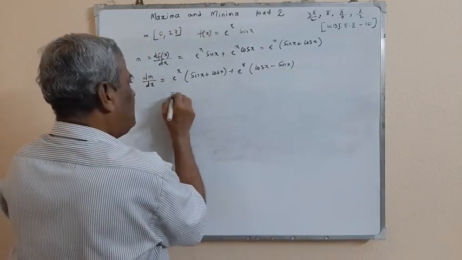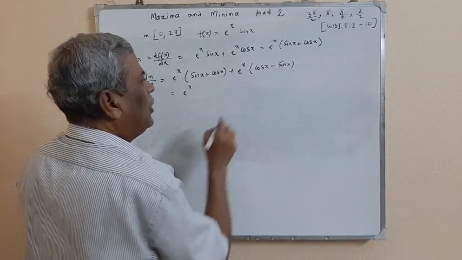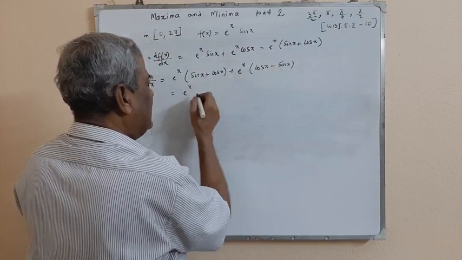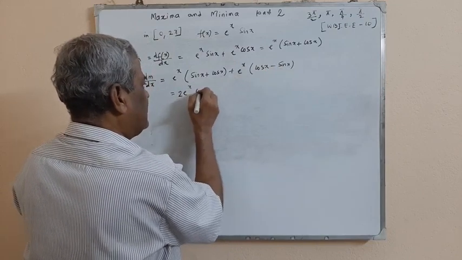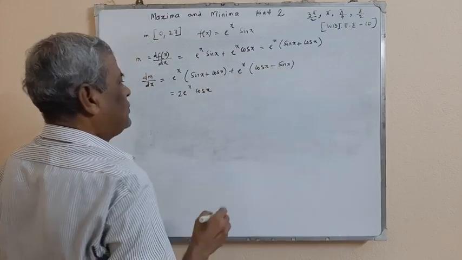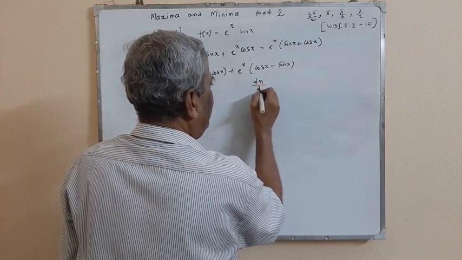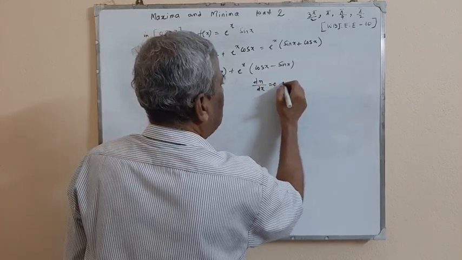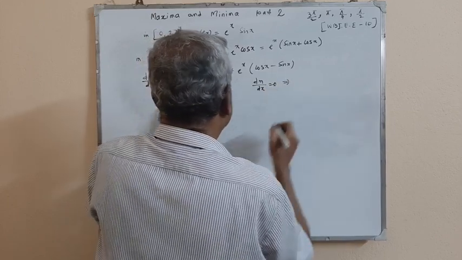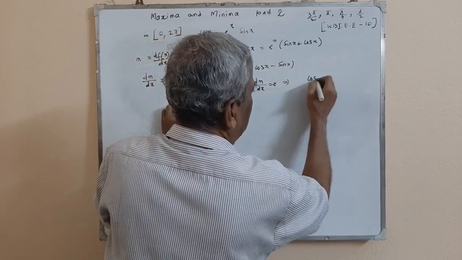Taking e to the power x common, sin x cancels, and it is equal to e to the power x into 2 cos x. So dm dx is equal to 0 gives us cos x is equal to 0.